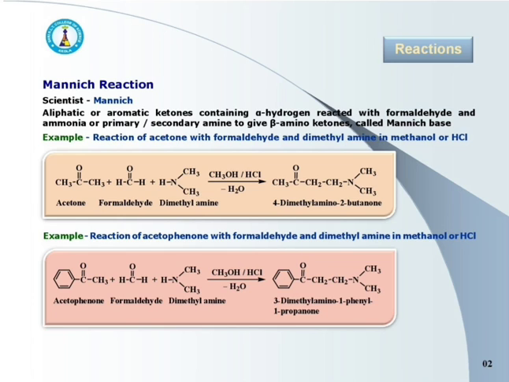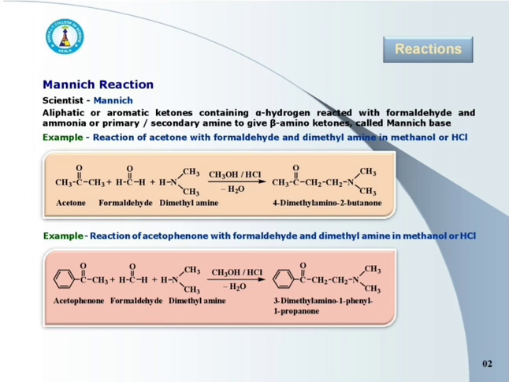The first example of Mannich reaction is reaction of acetone with formaldehyde and dimethylamine in methanol or HCl. See the reaction.